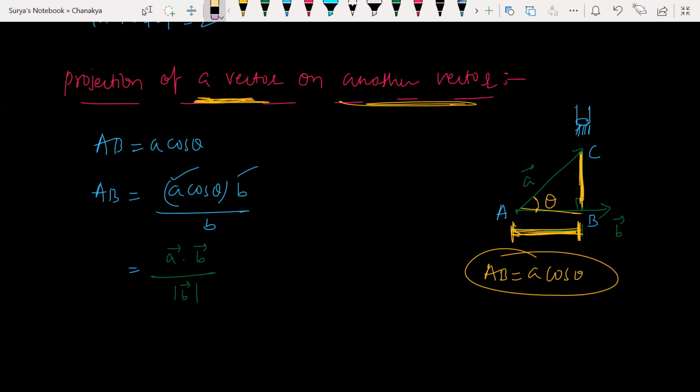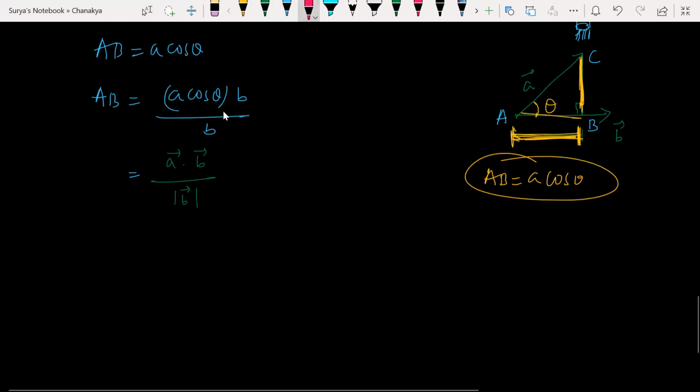Yes, sir. Okay. Now let me write everything perfectly, guys. This is what we roughly wrote. Let me write it perfectly mathematically. So let us write projection of vector A on B. What mathematically if I write?